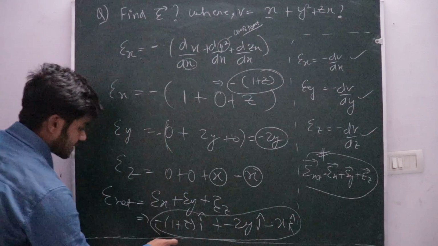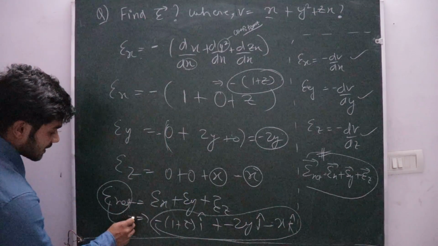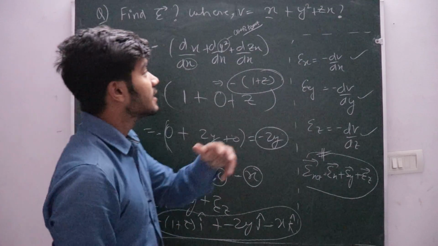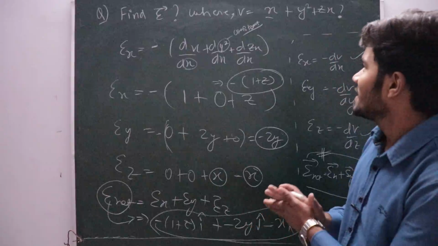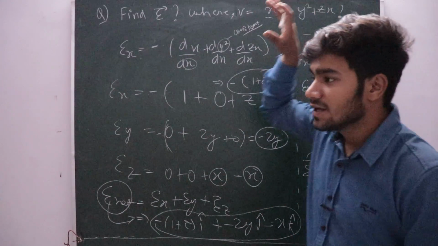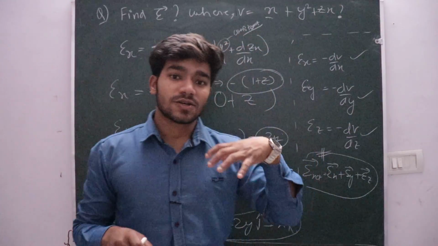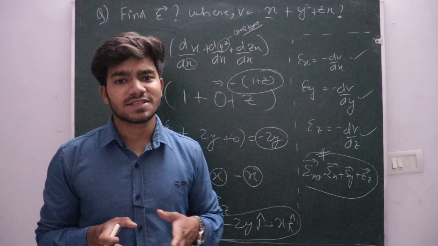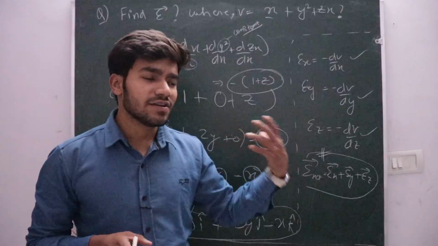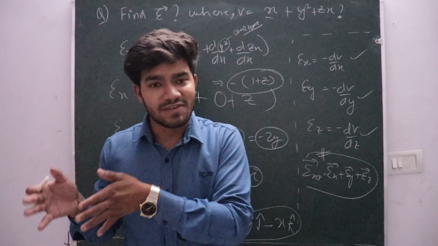This is the net electric field which we have calculated from the given electric potential. So you just need to know how to partially differentiate any equation. Partial differentiation is basically when you differentiate any equation with respect to some variable.